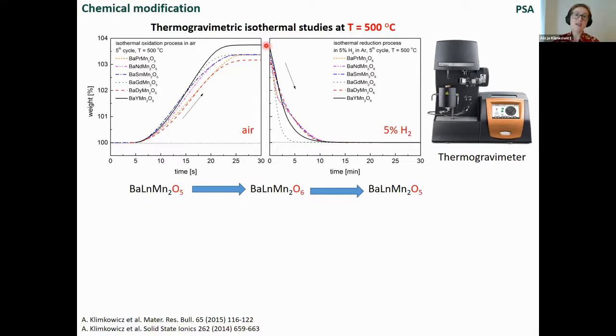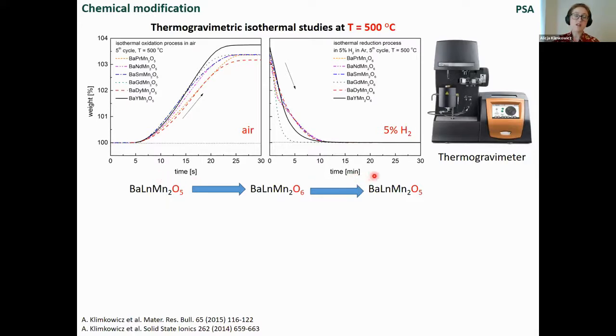What you can see here is that the oxidized material in such conditions will release the oxygen until it reaches a stable stoichiometry of oxygen 05. Another important point is that this process is not symmetrical, because the reduction, or oxygen desorption if you will, actually takes minutes. So oxidation is much faster than the reduction.